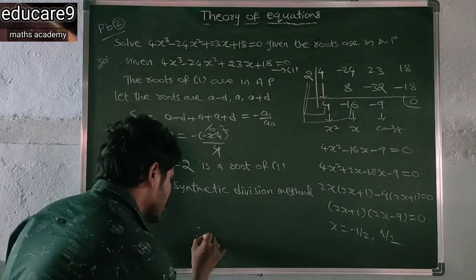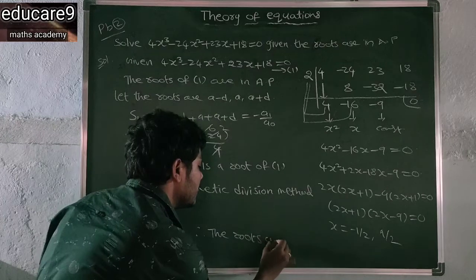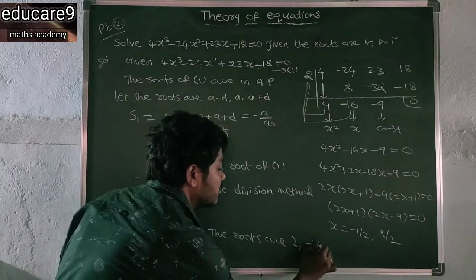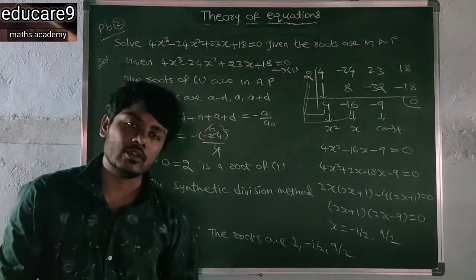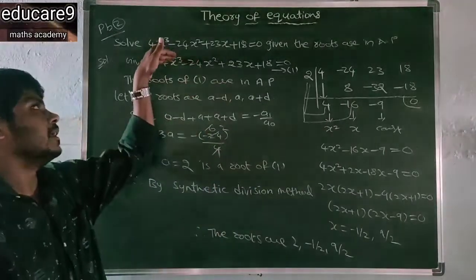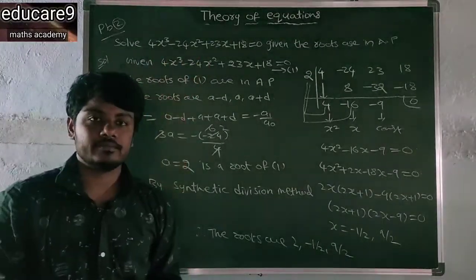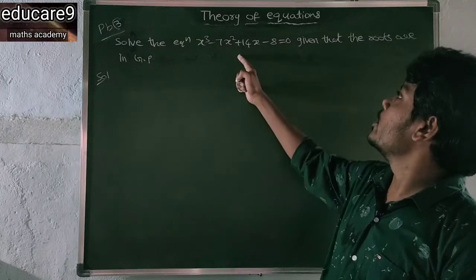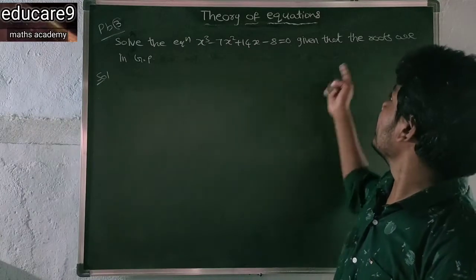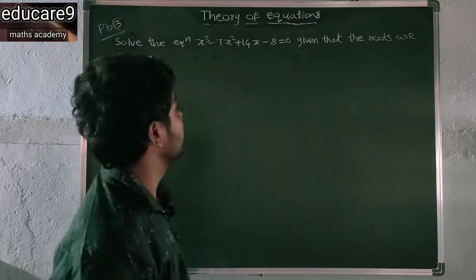So therefore the roots are 2, minus 1 by 2, 9 by 2. So clearly we get 3 roots because the given polynomial is a cubic polynomial. So see the next question. A cubic polynomial is given and also the roots of the cubic polynomial are in GP.